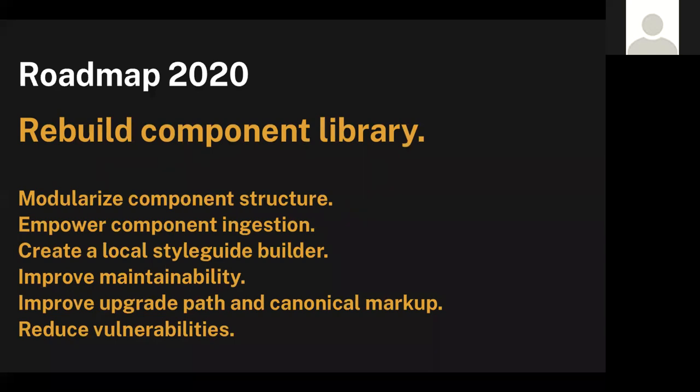We also think that this could be a powerful way to empower component ingestion, like our component library could be a better tool for powering other teams' design systems. It doesn't have to be just an internal tool.